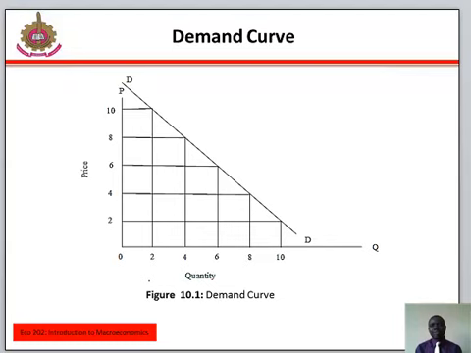Price is measured on the vertical axis while the quantity demanded is measured on the horizontal axis. The demand curve shows the inverse relationship between price and demand of oranges. The demand curve always slopes downward from left to right because of the inverse relationship that exists between the price and quantity demanded.